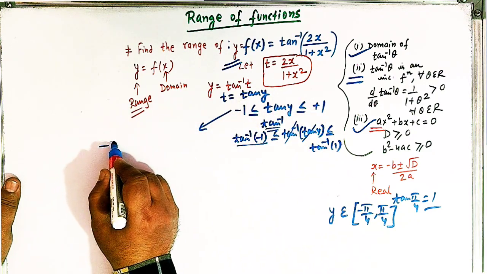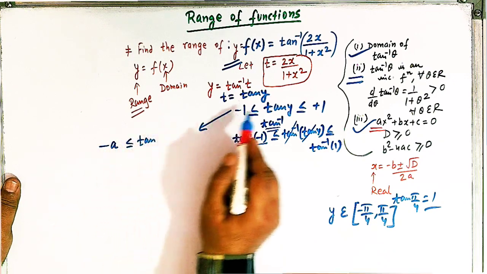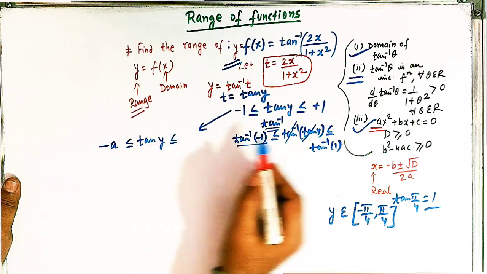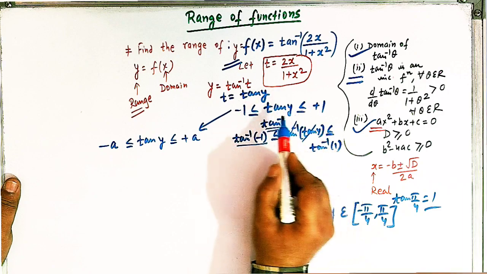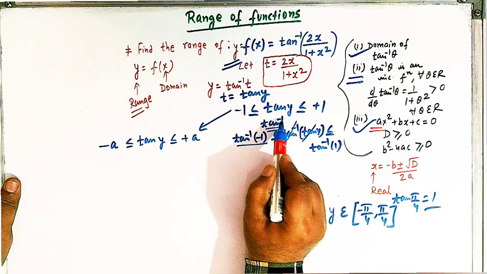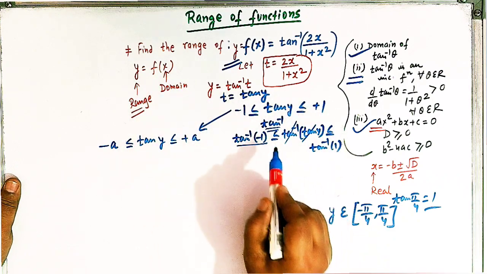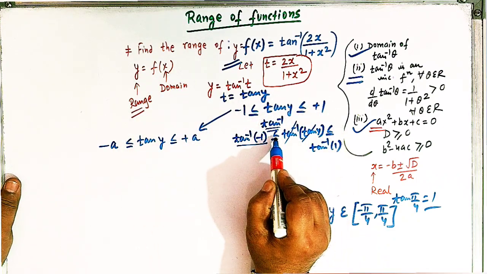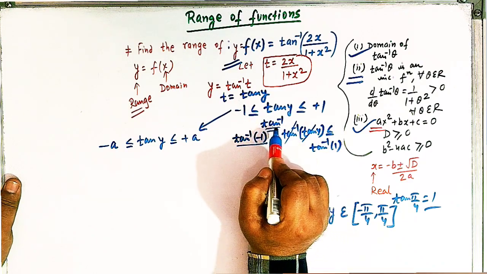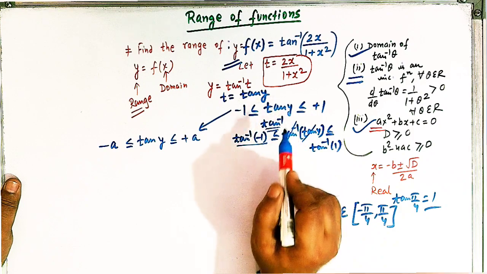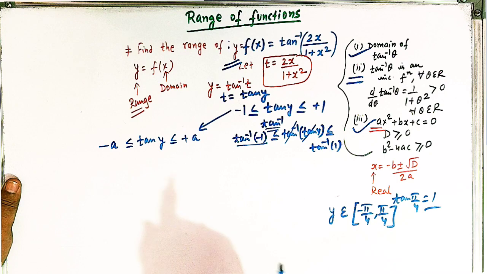So let us take say minus a, and then we have say tan of y, and here we have plus a, right? So what we have done here, we have taken the tan inverse of all these three numbers, and we have not changed the direction of the inequality, right? So when we have taken the tan inverse of these three numbers, the direction of the inequality remained the same.